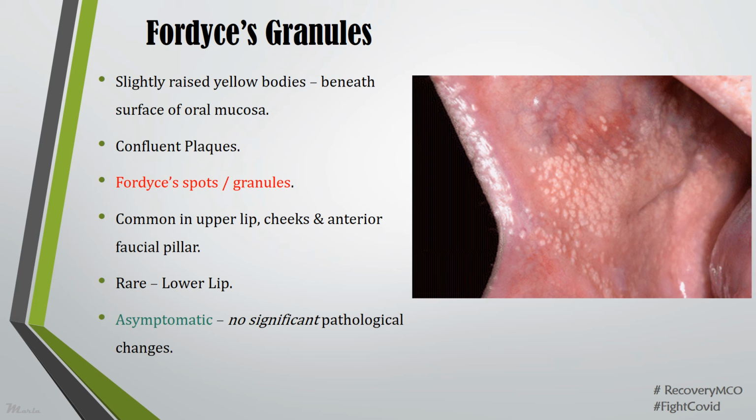This is not a lesion as such and is seen as a physiological finding wherein it reveals slightly raised yellow bodies beneath the surface of mucosa. However, in some instances, these yellowish bodies are confluent, resulting in the appearance of a plaque. The term Fordyce's granules or Fordyce's spot has been used to refer to this lesion.